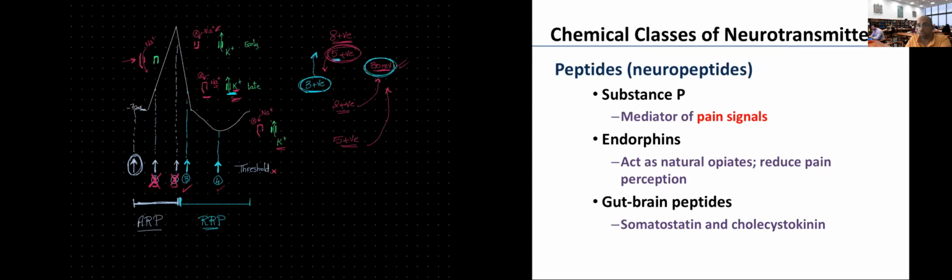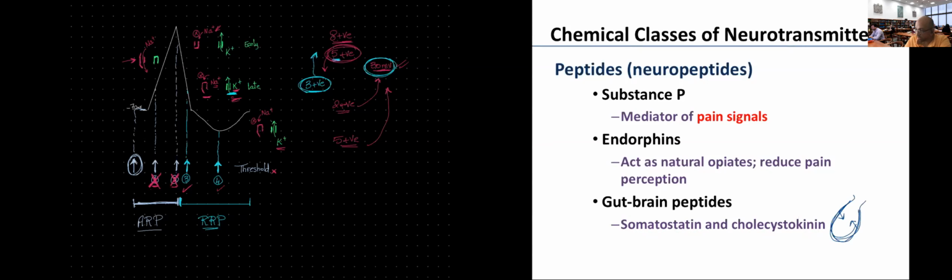Gut-brain peptides are signals that will be sent from the gastrointestinal tract to the brain and vice versa, and those are like somatostatin and cholecystokinin. Cholecystokinin, from its name, enhances the contraction of the gallbladder.